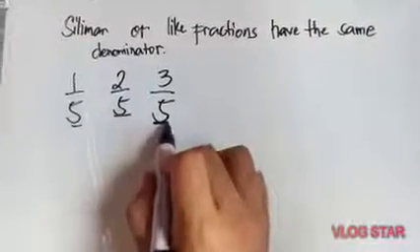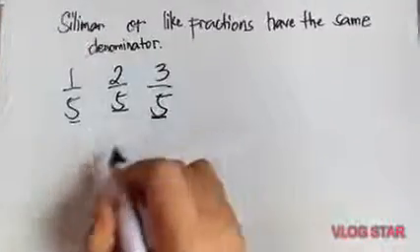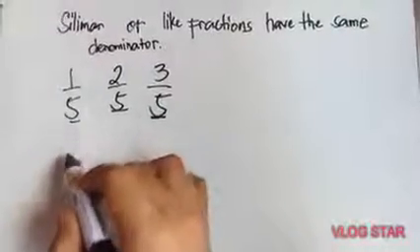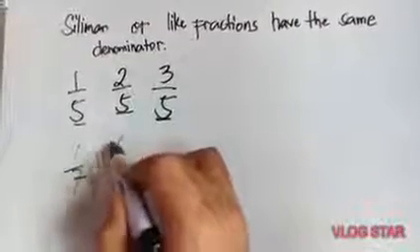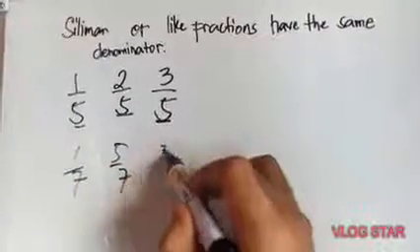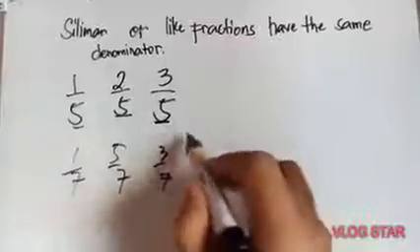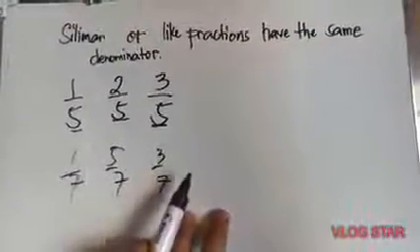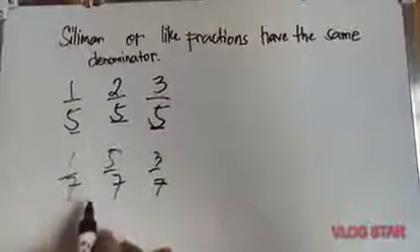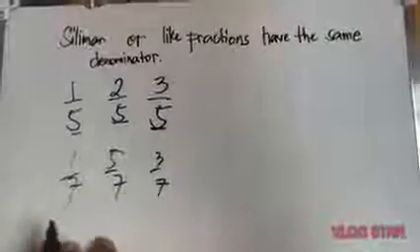Another is 1/7, 5/7, 3/7. This is again an example of similar fractions because they have like denominators.